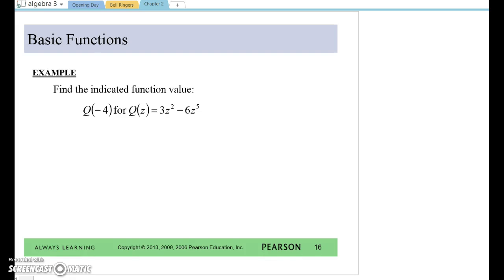Click the next one. Q of negative 4. So z is our independent, negative 4. Alright, it's very important on this one, especially to put your parentheses because it's a negative and you have powers.